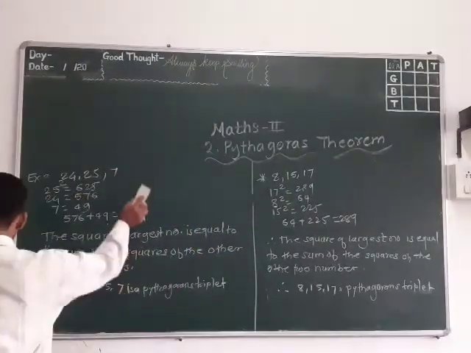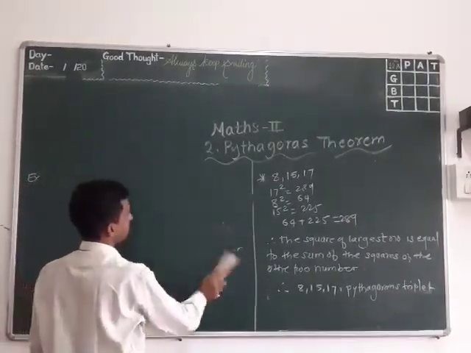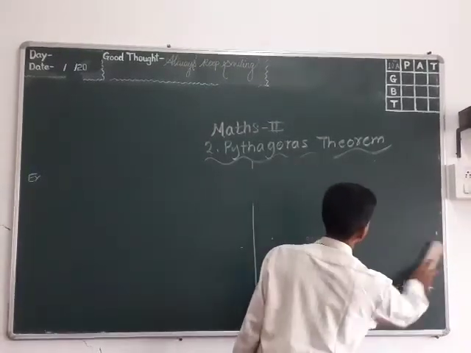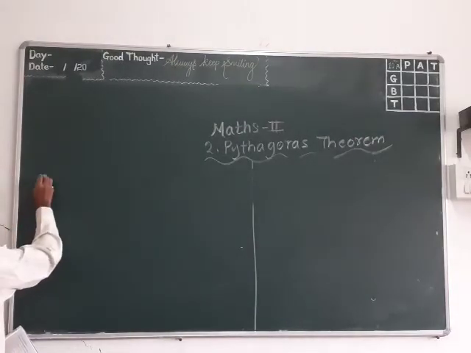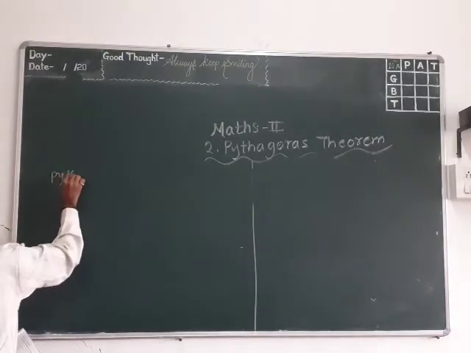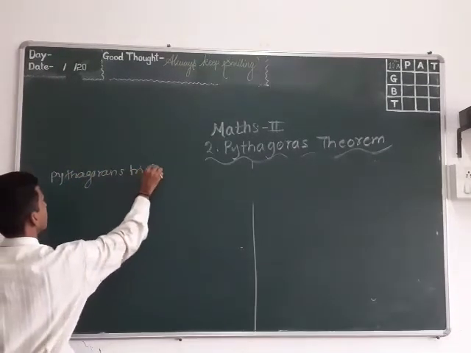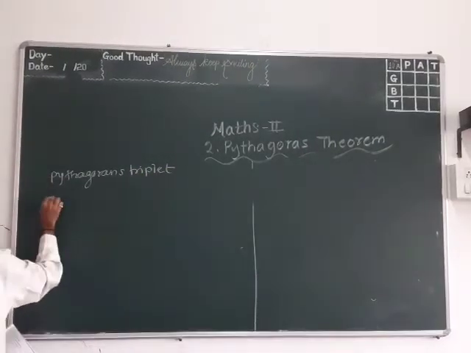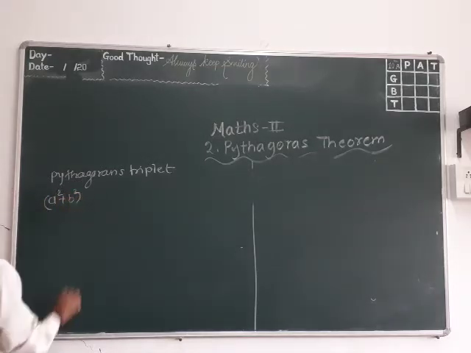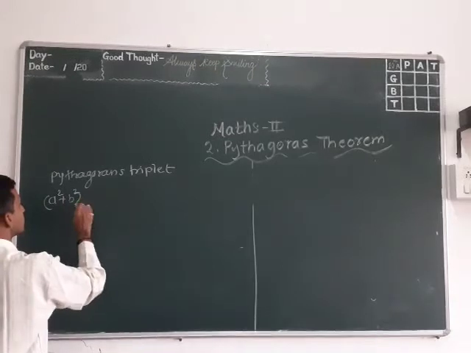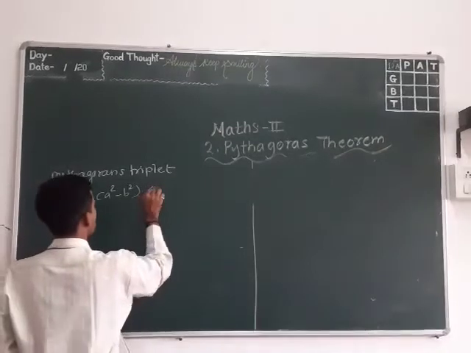Next one is an important formula of Pythagorean triplet. The Pythagorean triplet formula is a square plus b square, comma, a square minus b square, and 2ab.